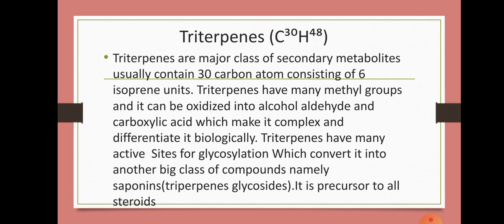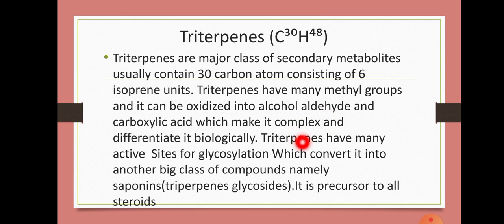Now let's go towards our basic topic, which is triterpenes. What are triterpenes? Triterpenes are a class of terpenes. They are secondary metabolites having 30 carbon atoms and 6 isoprene units. Triterpenes have many methyl groups which can be oxidized into alcohol, aldehyde and carboxylic acid, which makes them complex and differentiates them biologically.